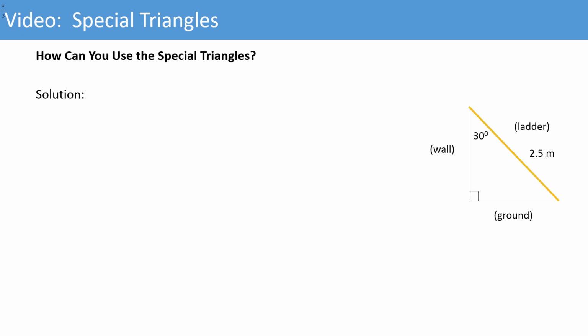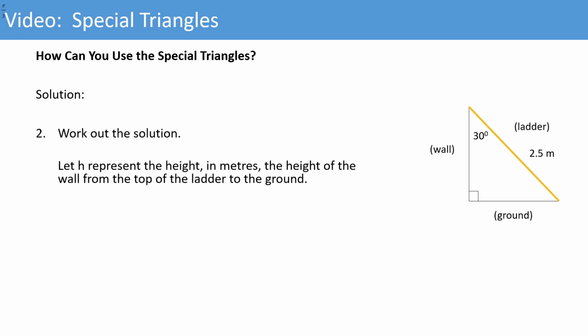Now, let's work out the solution. Let h represent the height in meters of the wall, from the top of the ladder to the ground. The length h is adjacent to the reference angle of 30 degrees.